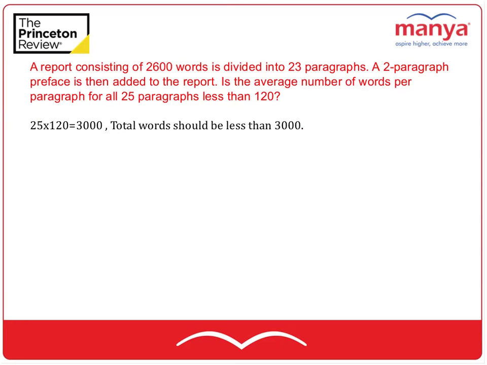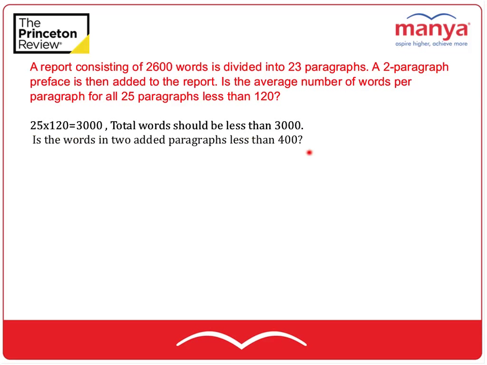And already we know there are 2600 words in the 23 paragraphs. Now we are going to add 2 more paragraphs, right? So what else can we infer from this? What are we expecting from the statement? What we should get is that the words in the 2 added paragraphs are less than 400.